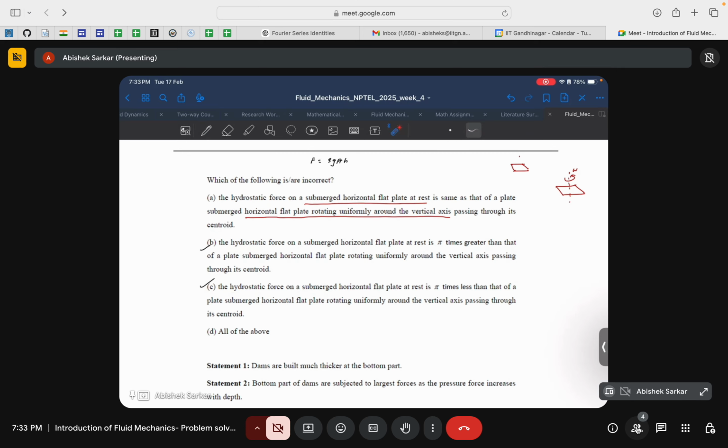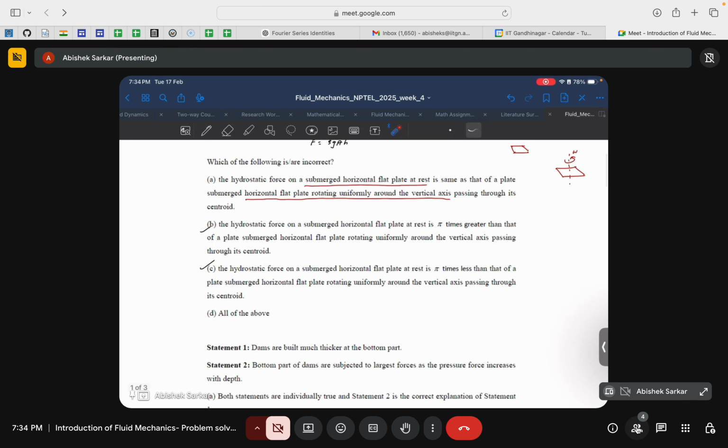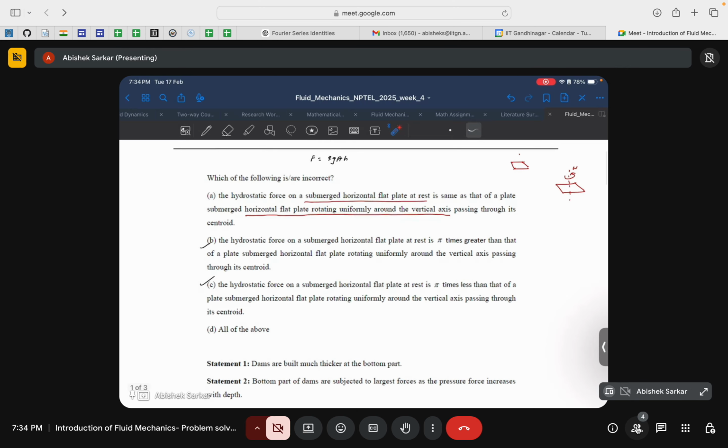Since the area on which the force acts is not changing and the depth at which the plate is placed has not changed, among all these three options, option A is the correct one and B and C are incorrect. Of course, participants might have conflicting thoughts, but this is how the problem has to be approached for this particular case.